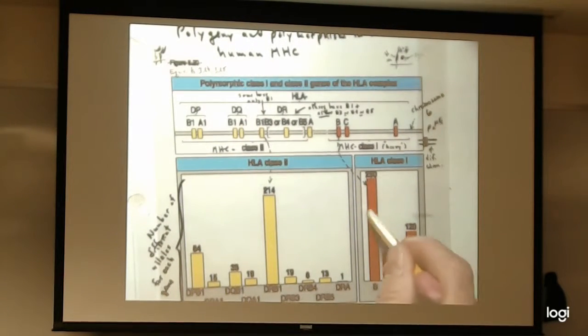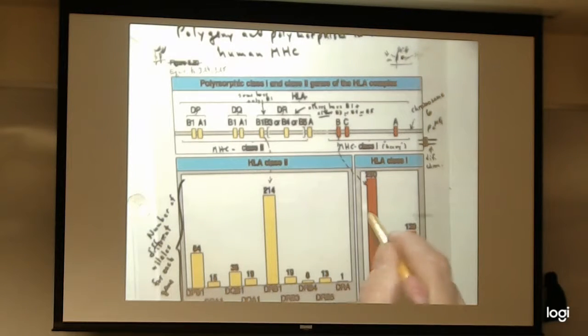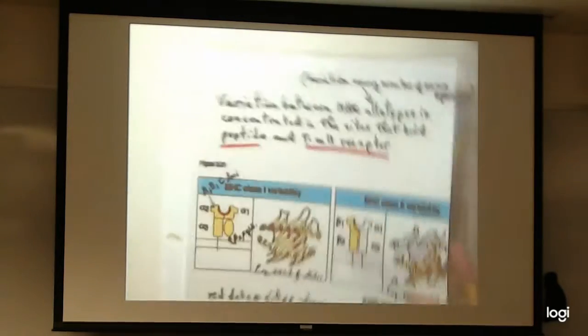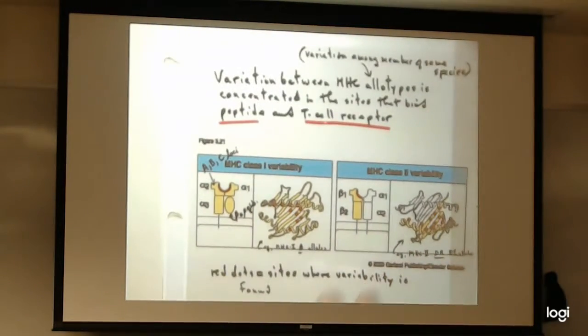We have 250 allelic variants of this class 1. Allelic variant means nucleotide changes in the gene, which correspond to amino acid changes in the protein. And where are these amino acid changes? As you might expect, they're all right in the region where you bind the peptide.